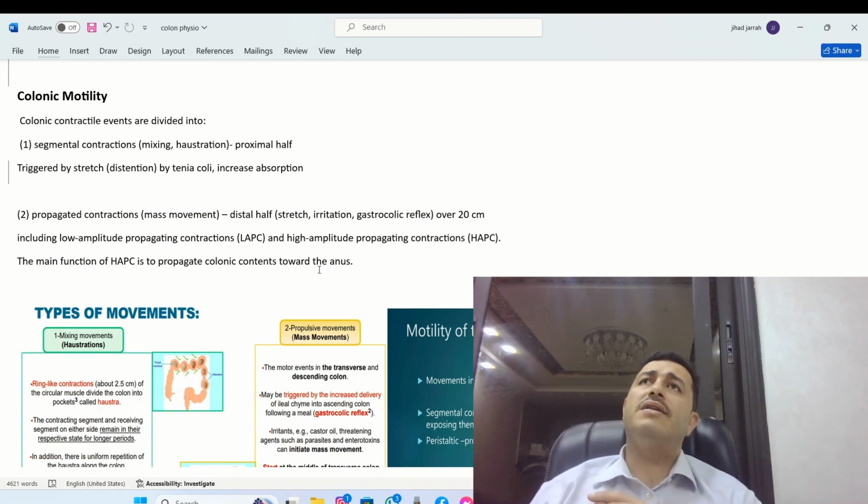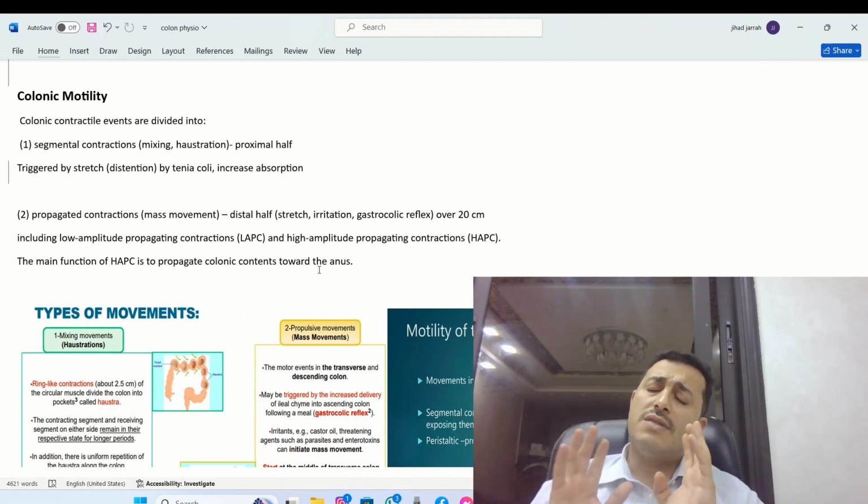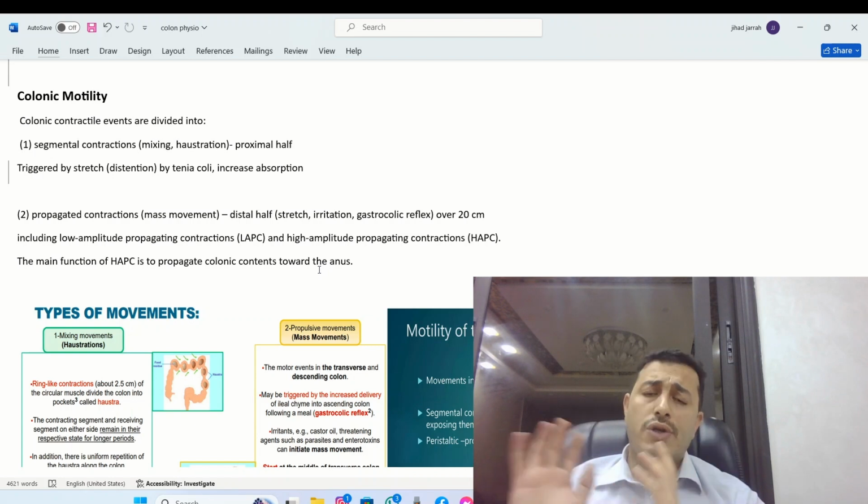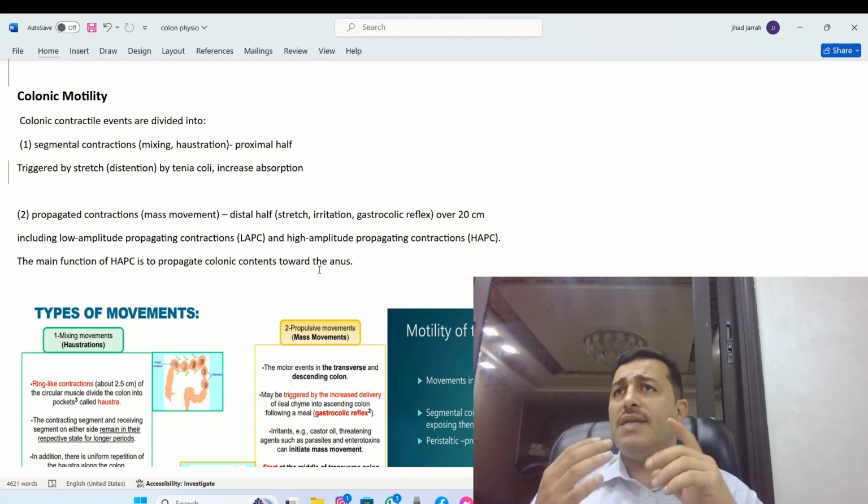High amplitude propagated contraction is the one responsible for moving the colonic content toward the anus. It increases after a meal.